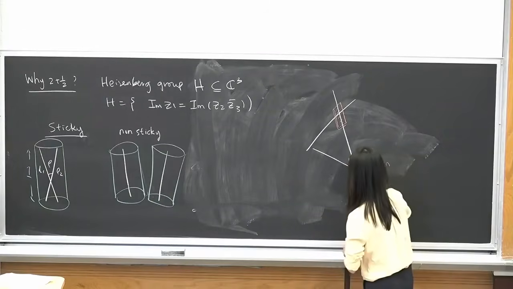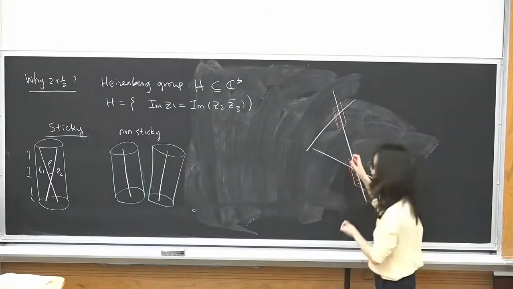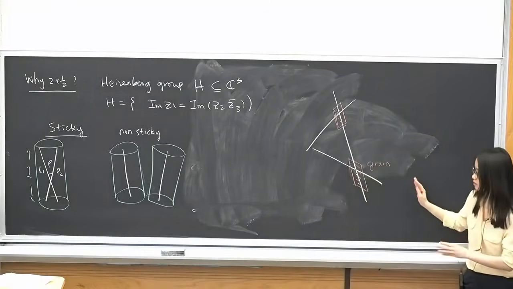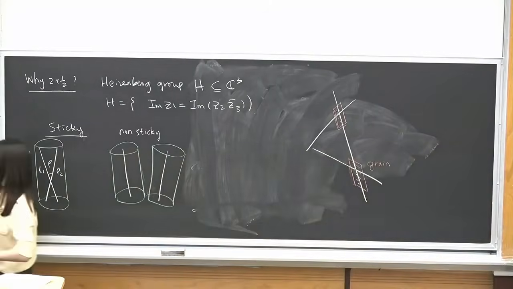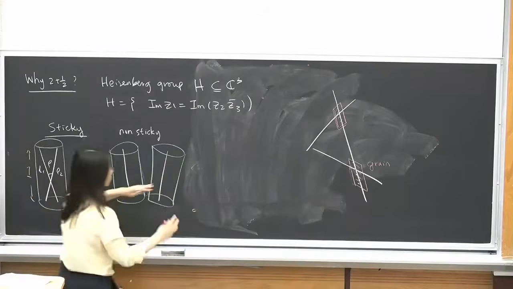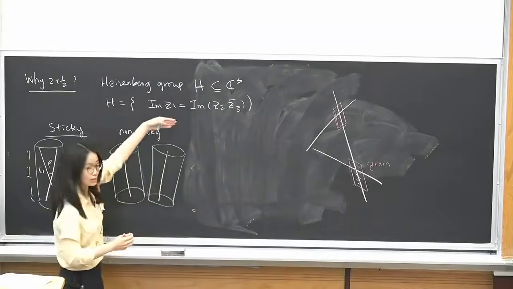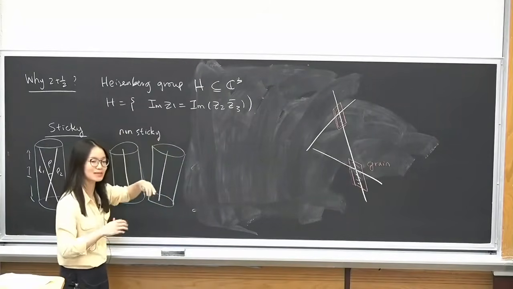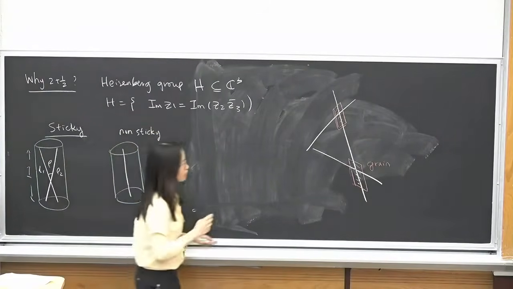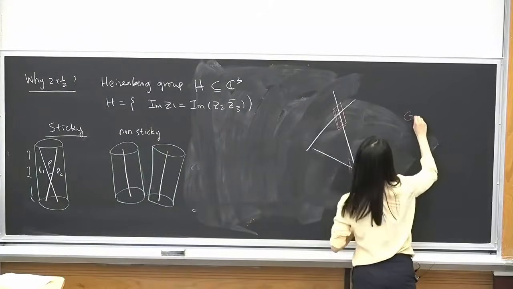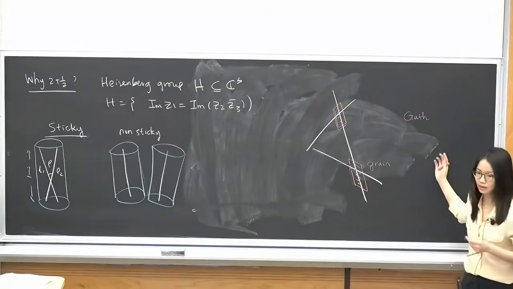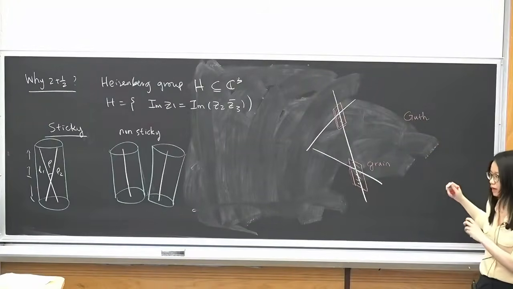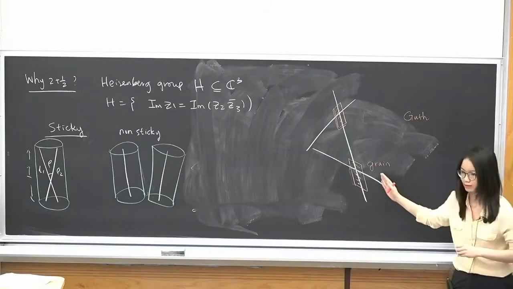So people knew this picture before, and this picture appeared in the work of Katz and Tao. This picture also appears in this example if you spend some time to calculate it. And this picture also appeared in the work of Bourgain, where he showed that if you have a hypothetical counterexample to the Kakeya conjecture, then it should look like this.